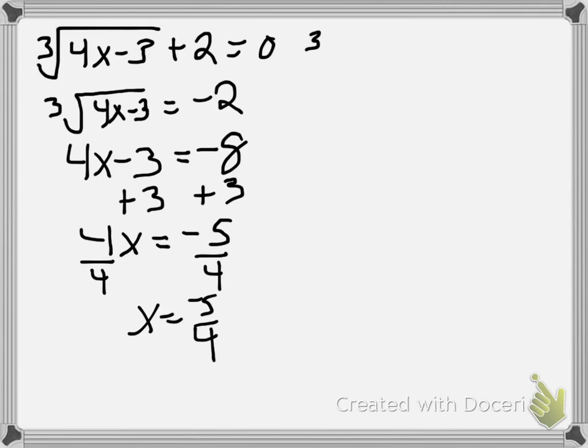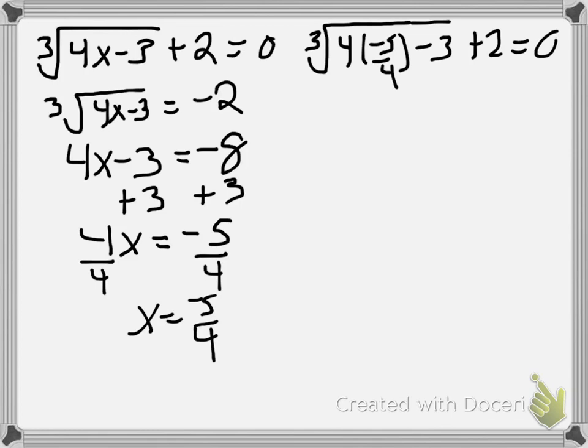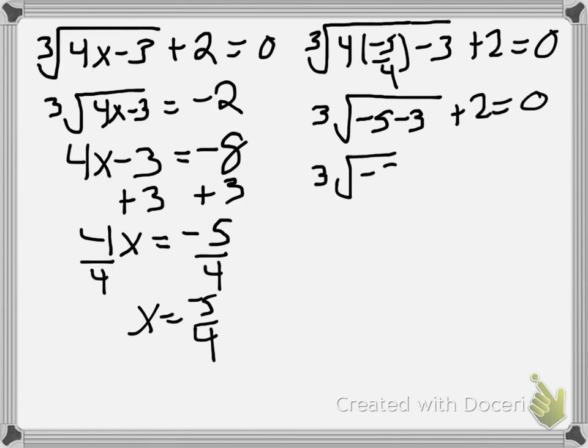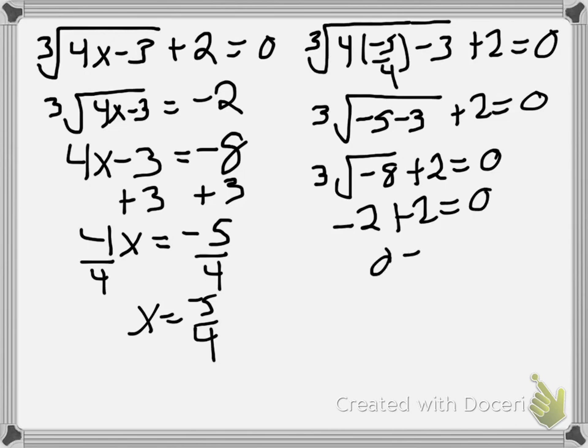So you have the cube root of 4 times negative 5 over 4 minus 3 plus 2 is equal to 0. So 4 times negative 5 fourths, so I have the cube root of negative 5 minus 3 plus 2 equals 0, or the cube root of negative 8 plus 2 is equal to 0, or negative 2 plus 2 is equal to 0, 0 equals 0. That checks, so this answer, this negative 5/4, is correct.